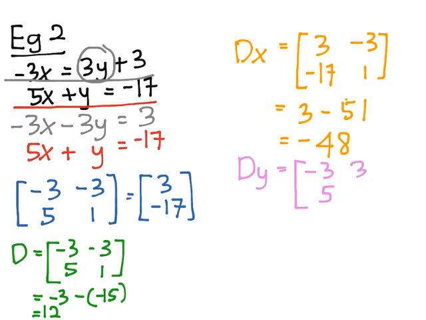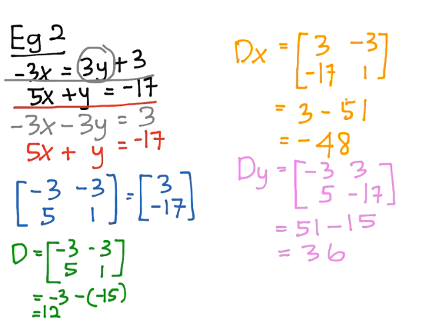So we will have 3 with negative 17. The same thing, use AD minus BC. So AD means negative 3 multiply with negative 17, so we will have positive 51, minus B multiply C, which is 3 multiply 5, so we will have 15. So 51 minus 15, we will have 36.